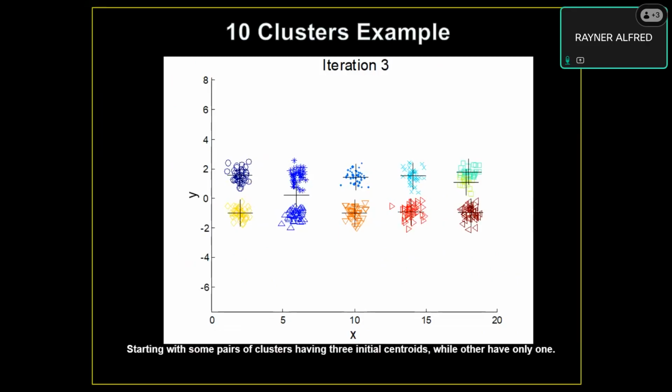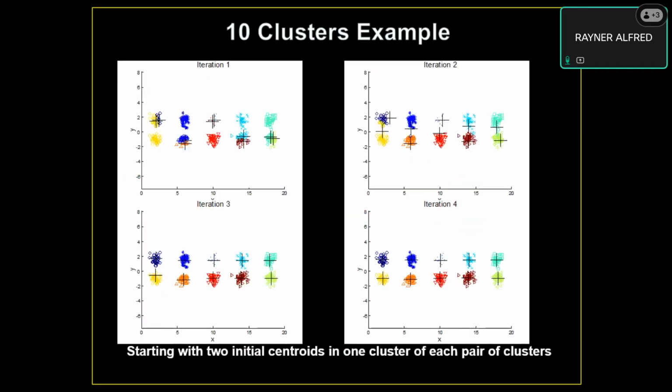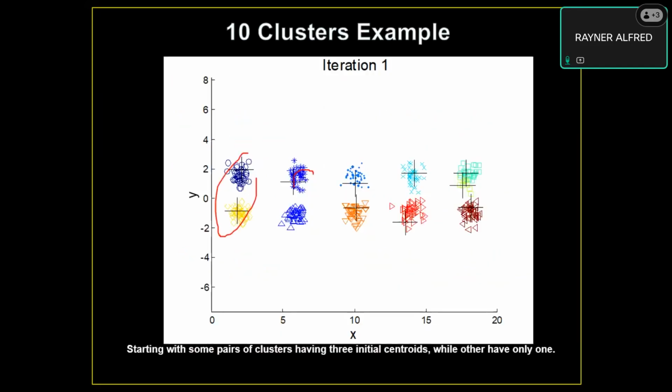From this, we have 2 here, and then 1 here. This one is a bad example. So for this one, they have 2 centroids in one area.